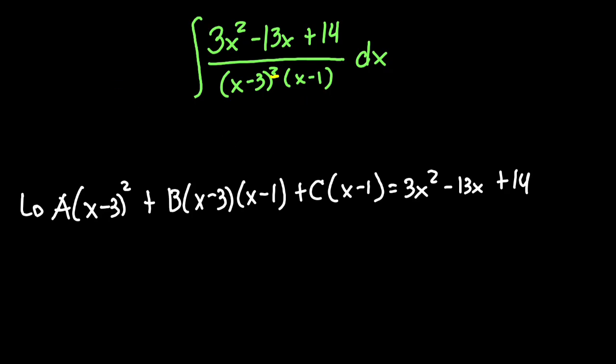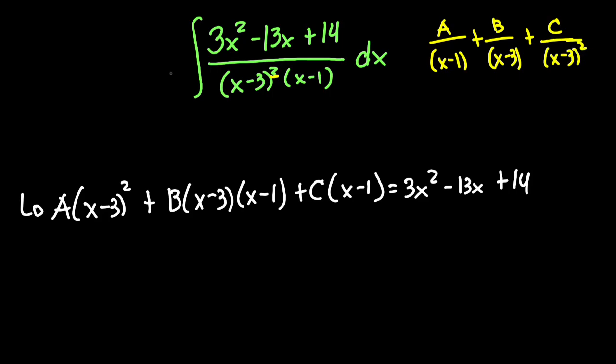By the way, just a reminder, this is the factored form earlier, which is a over x minus 1 plus b over x minus 3 plus c over x minus 3 squared. This is the same as that.